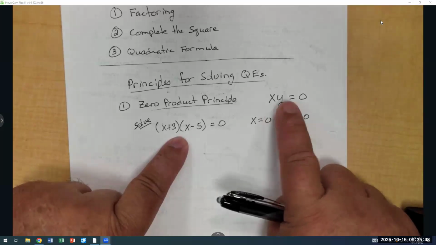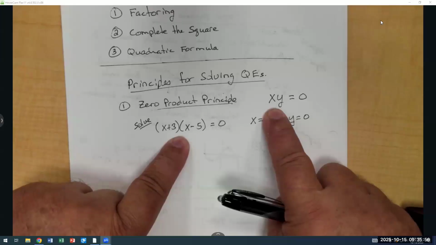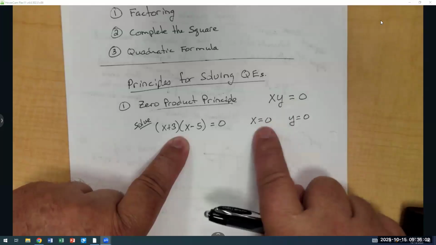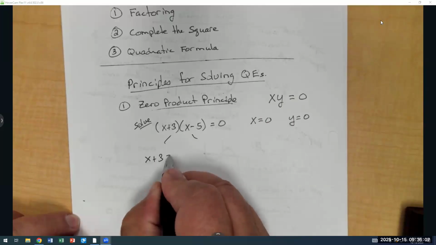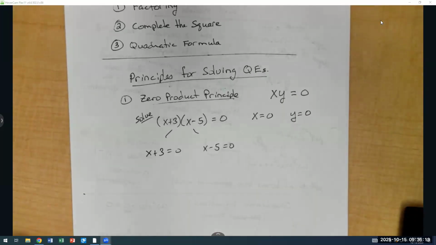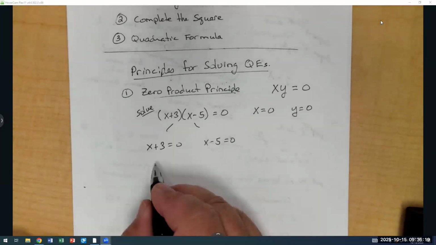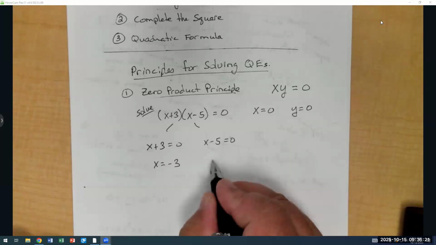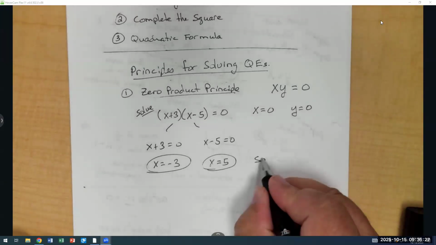Did I ever tell you what X and Y were? X and Y can be anything. They can be equations, they can be numbers, they can be letters, they can be buildings, they can be pictures. I never defined what those are. I just said any two things multiplied together equal to zero. So I take both of these and I set them both equal to zero. And I solve. I'm solving for X. So X is equal to -3, X is equal to +5. Those are my solutions.